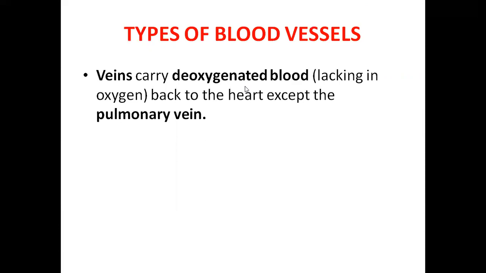We'll be talking about that shortly. Okay. So that's an exception. Again, this is good for multiple choice questions. So veins carry deoxygenated blood, except the pulmonary vein, which carries oxygenated blood. Veins usually carry blood away from tissues.